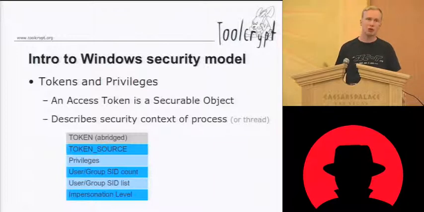What that means is that you can take a new token containing some completely different information and temporarily make it the access token for that particular thread, which is very important.